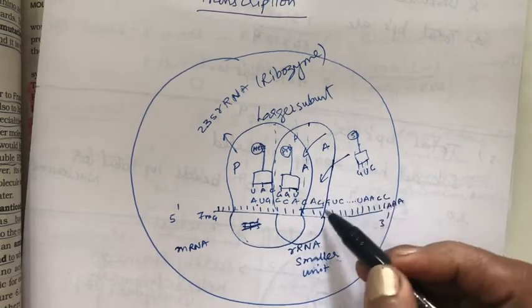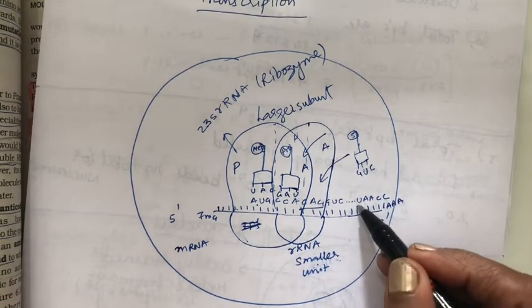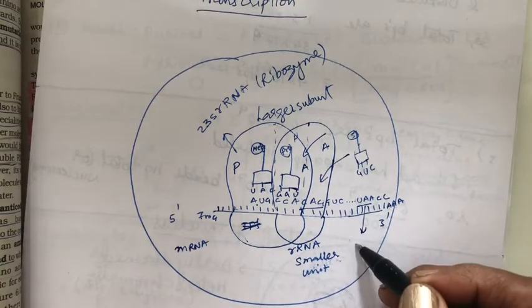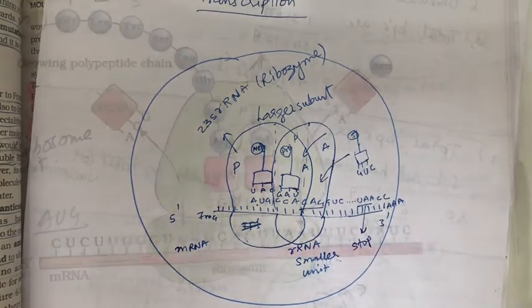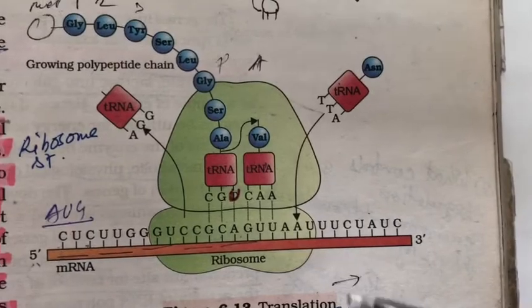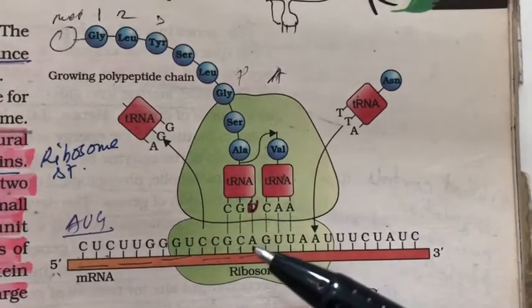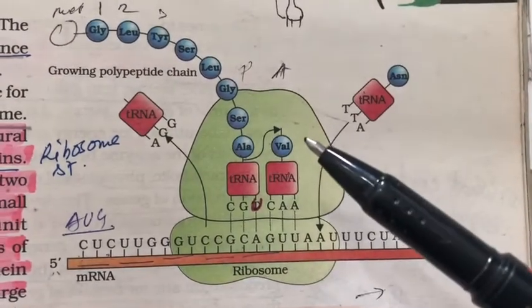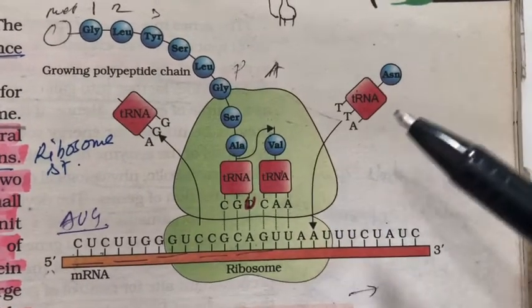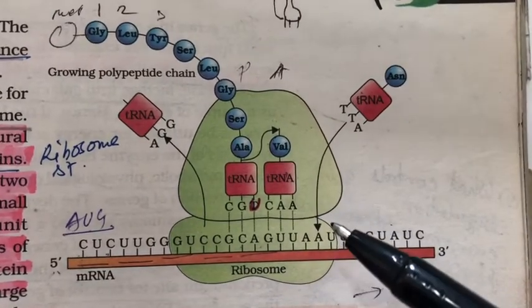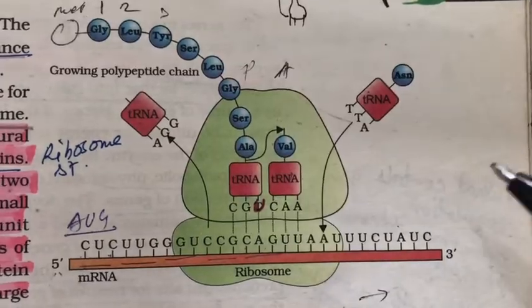The process continues till a codon like UAA is reached, which is called the stop codon. The process looks something like this. The smaller subunit, the larger subunit, and the tRNAs come here at the empty site and the whole thing moves one step ahead.